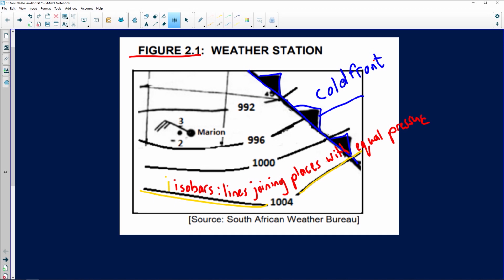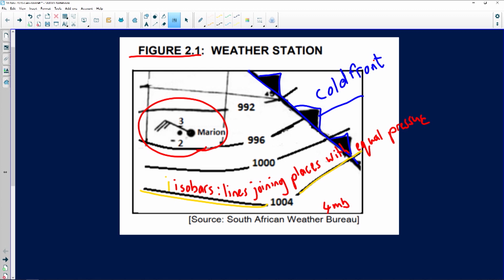Okay, and please pay attention. Look at the isobar interval. It's 4 millibar. Okay. Now, very importantly, this is our weather station model. It's situated over there.